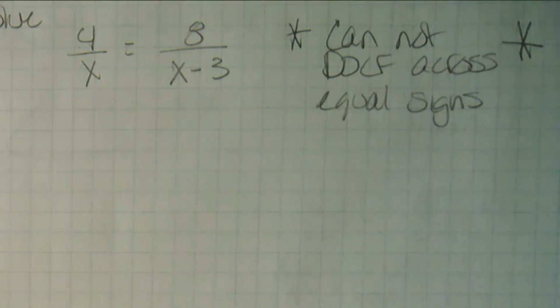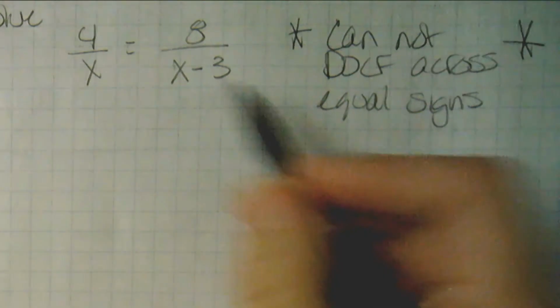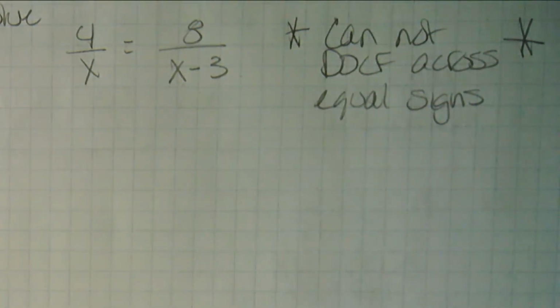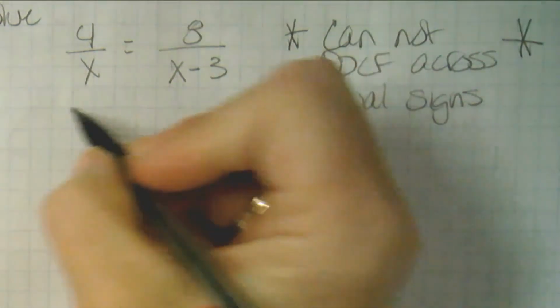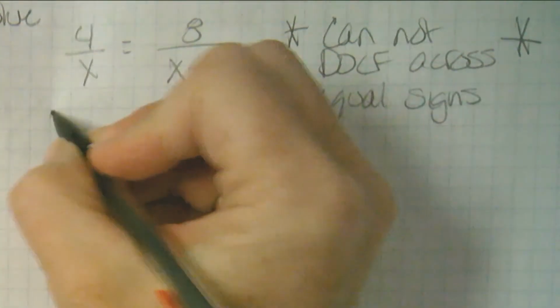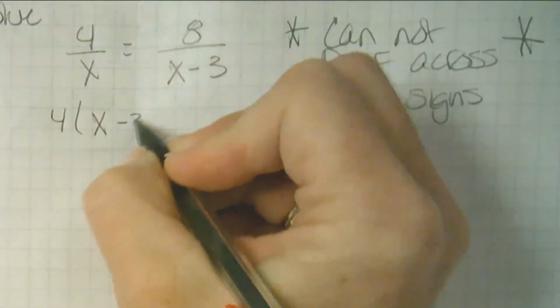One thing I want to point out to you is you have to multiply that 4 times the entire x minus 3. So what should I see in your next line when I show that multiplication? Rafaela? Yeah, I should see the distributive property. Either distribute it right away, which I'm okay with in this class, or show 4 times the quantity of x minus 3.